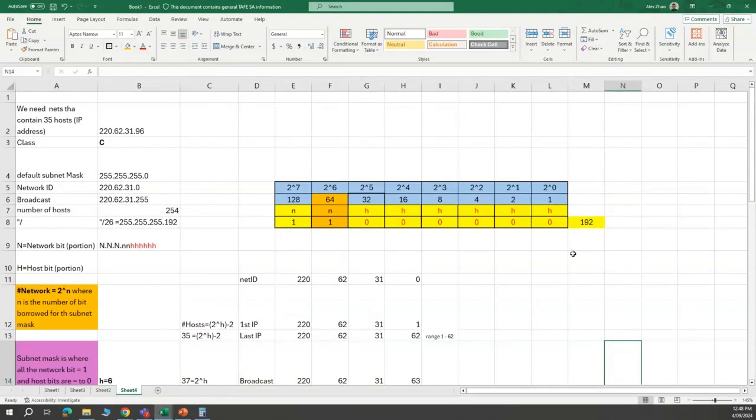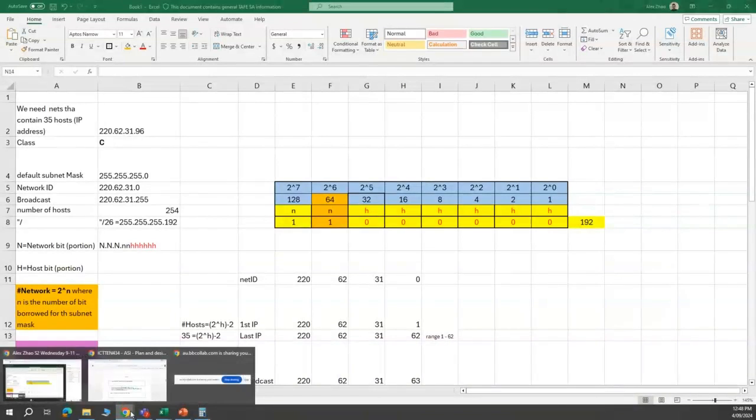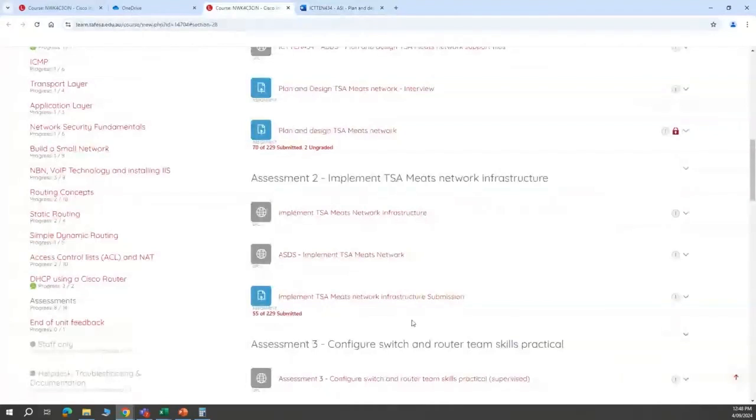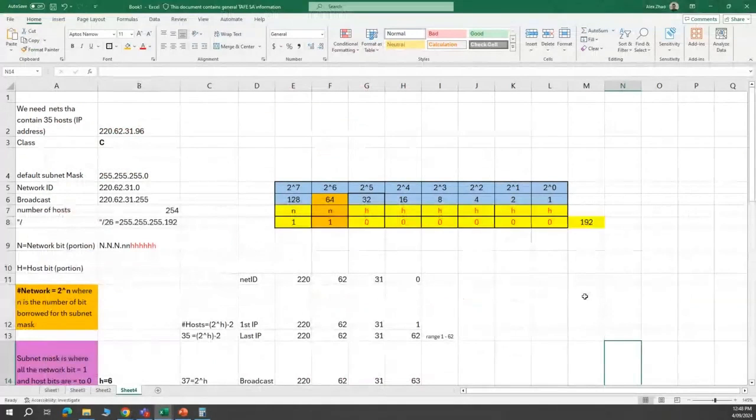But if you want to do the CCNA test, you need to do this with a bit of scrap paper in front of you, maybe a basic calculator. But if you're not doing the CCNA test, what you have to be able to do is the assessment part 2, which is a bit of an IP addressing scheme that you have to develop.